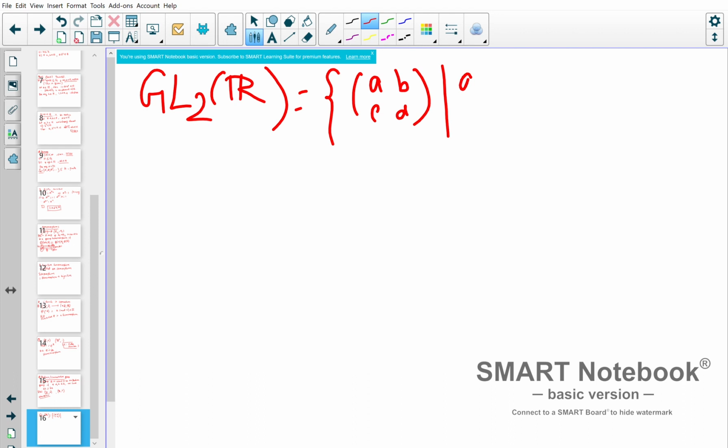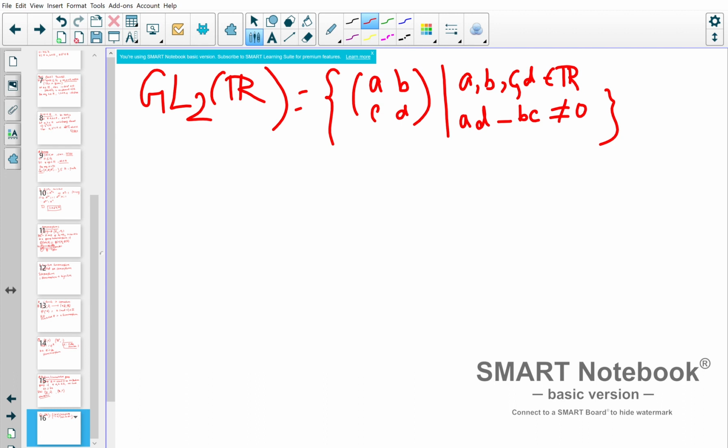such that A, B, C, D are elements of the real numbers R, and with this property, the determinant is non-zero. So what determinant? AD minus BC. This is the determinant. This is non-zero.